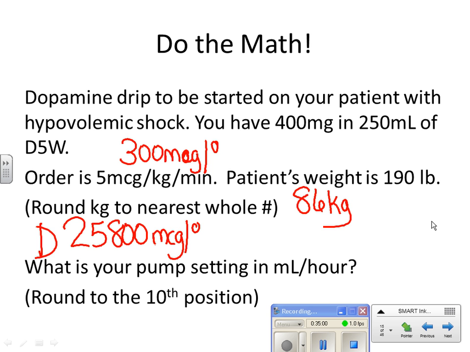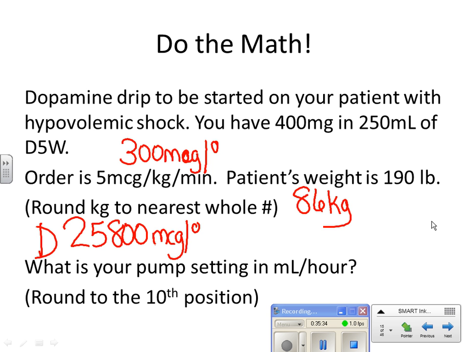What do we have? 400 milligrams in 250 mLs. So what conversion do we have to do now? We have to convert the milligrams to micrograms. So 400 milligrams equals how many micrograms? If we go from larger amounts into smaller amounts, we move the decimal point to the right. If we go from smaller to larger, we move it to the left.